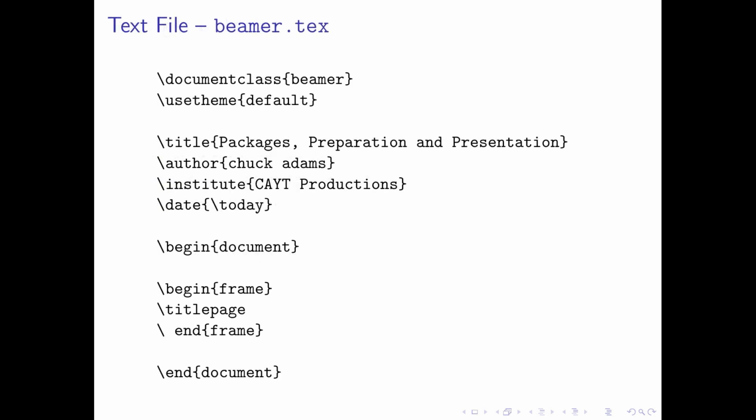Now, the simplest presentation is just going to be your title frame. In order to do that, you create a text file, and I just call this one beamer.tex. And inside it, first line is document class Beamer. We're going to use a theme, and there are like 27 default themes, and I'm going to use the default.